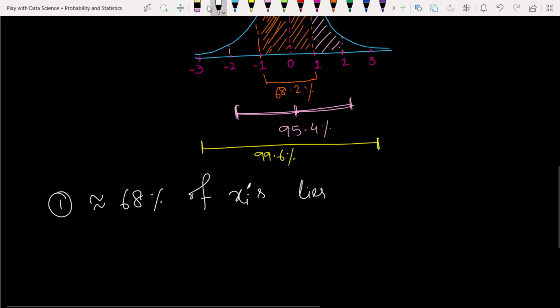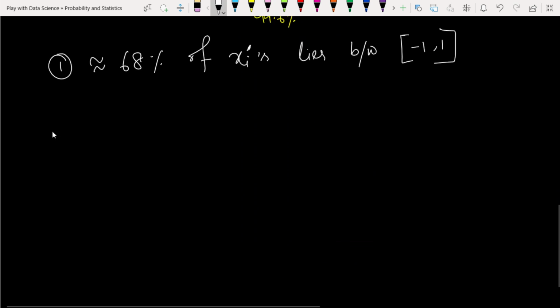Don't be confused, xi and xi dashed, it must be xi dashed.